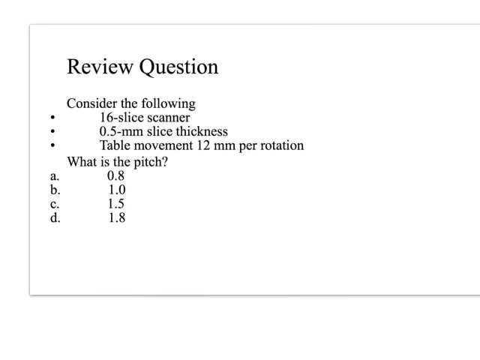If I can write here, 8. And I know that, so this is 8 millimeters, by the way. So is the table moving more than the slice width, the beam width? It says it's moving 12 millimeters. So is it moving more than this?